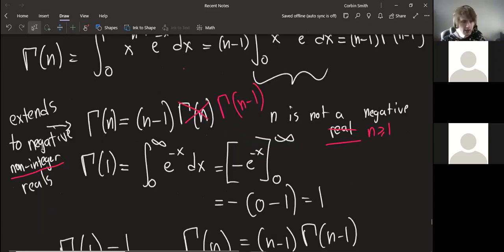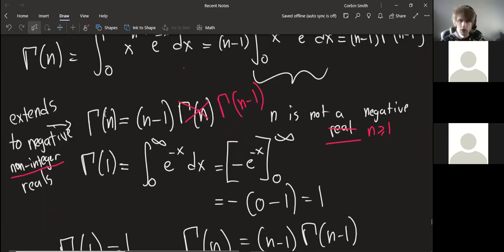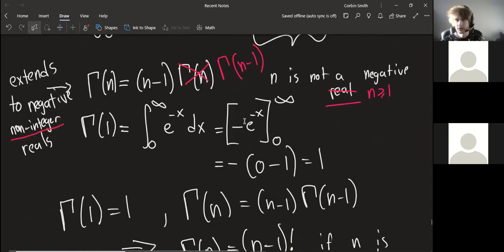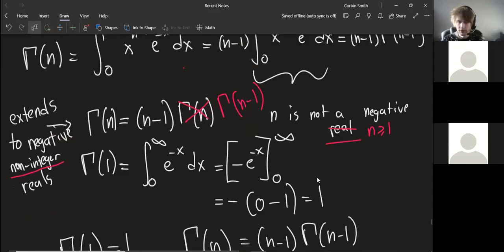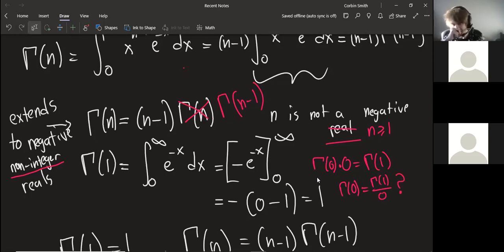Okay. And this recurrence relation allows us to extend it to non-integer real numbers. But then we would ask, okay, so what is gamma of 0? So we would have gamma of 0 times 0 is equal to gamma of 1. So that means that gamma of 0 is equal to gamma of 1 divided by 0. That doesn't make sense.